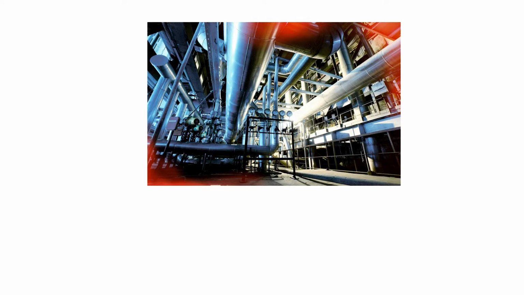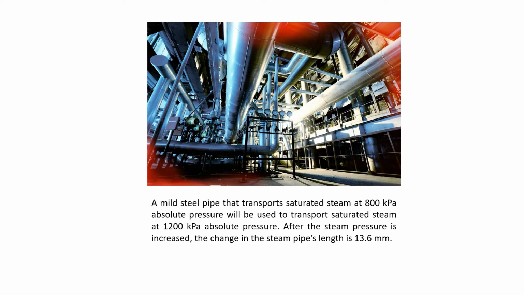The following problem provides some insight into the calculations required to determine this expansion. Defining the problem. A mild steel pipe that transports saturated steam at 800 kilopascals absolute pressure will be used to transport saturated steam at 1,200 kilopascals absolute pressure.